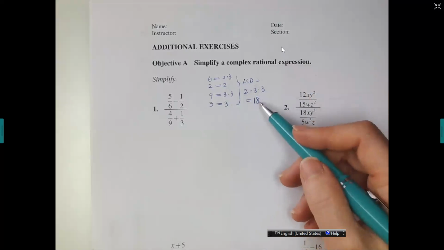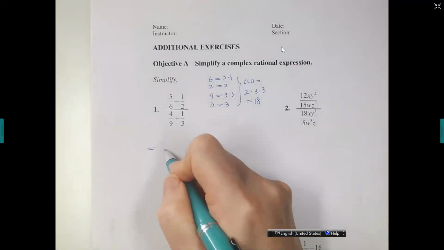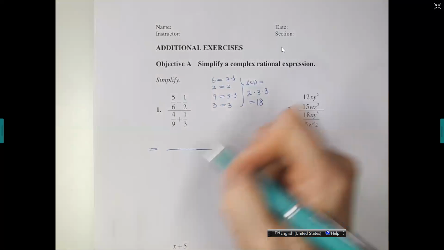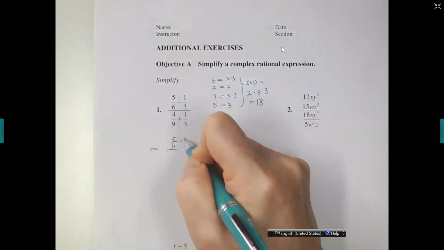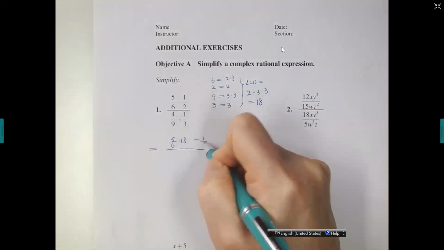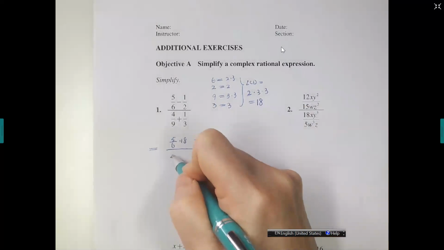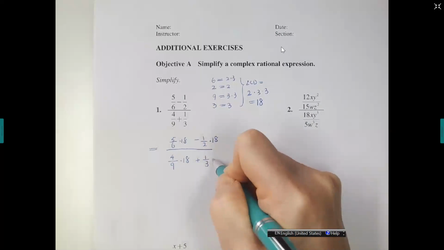Having this in mind, move on to the original problem. Equals, remember, spread the terms, multiply everyone by their LCD. So 5/6 times 18, this minus 1/2, okay, then times 18 as well. And on the bottom, 4/9 times 18, and plus 1/3 times 18.